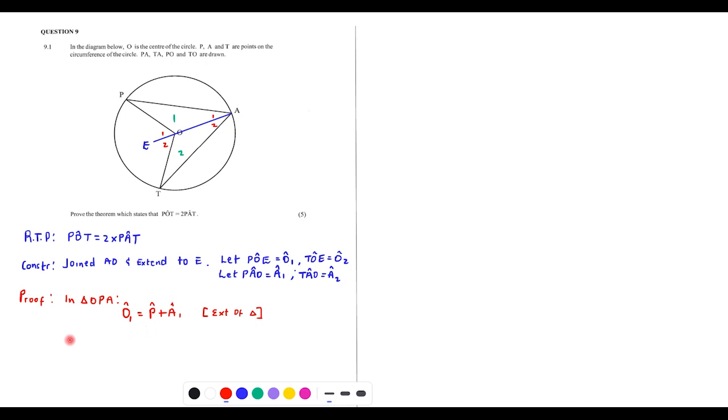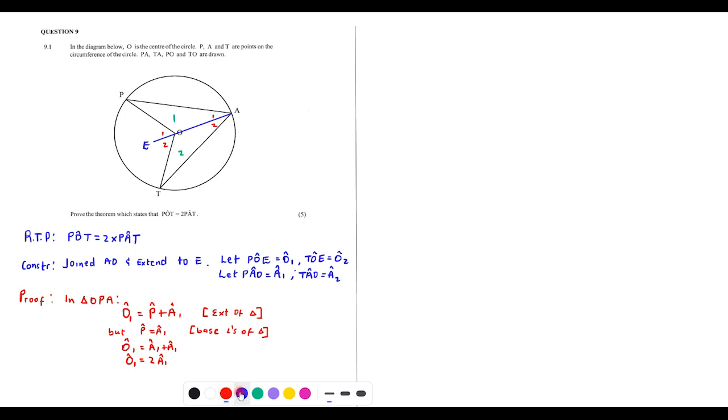But P is the same as A1, because they are base angles of an isosceles triangle. Therefore O1 equals A1 plus A1, which is 2A1. So we wrote O1 in terms of A1.